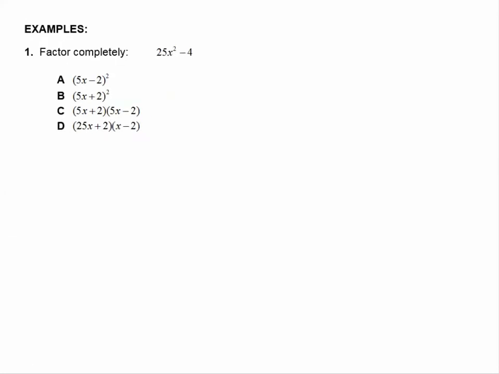So let's look at some examples. Example number 1, factor completely: 25x squared minus 4. I will show you 3 ways to solve this problem. First, if you notice that this is the difference of two perfect squares and you can factor that, then you have your answer. If you're not sure about that, or if you want to check, you can take all of the answer choices and multiply them together to see which one yields the original problem.